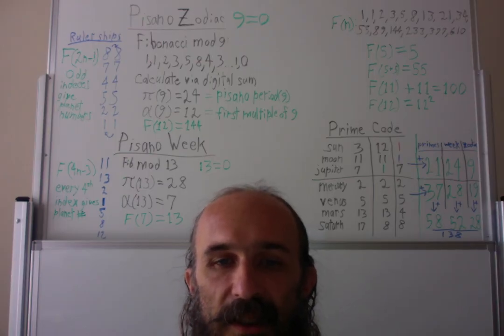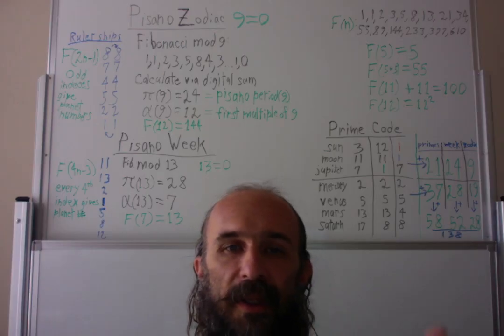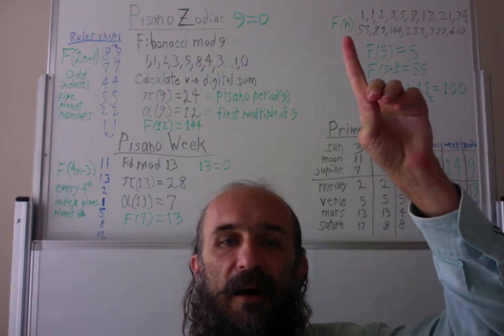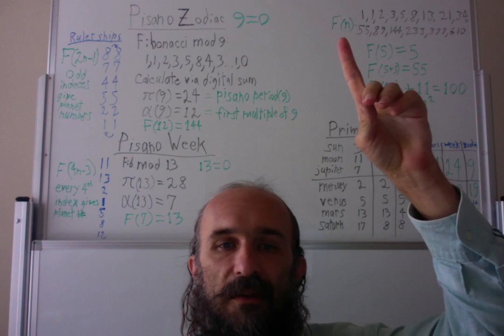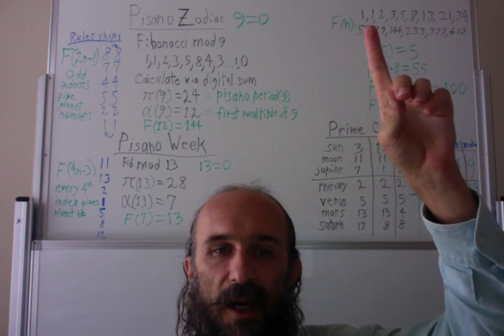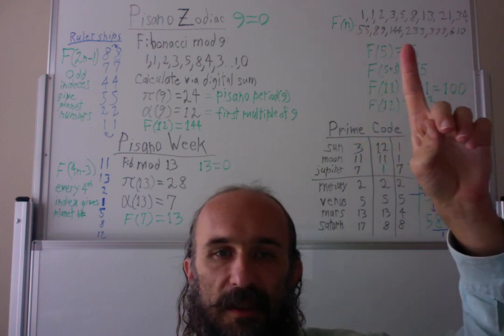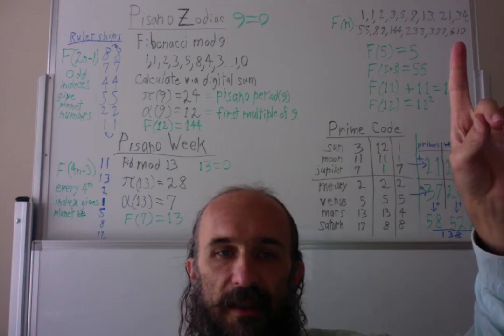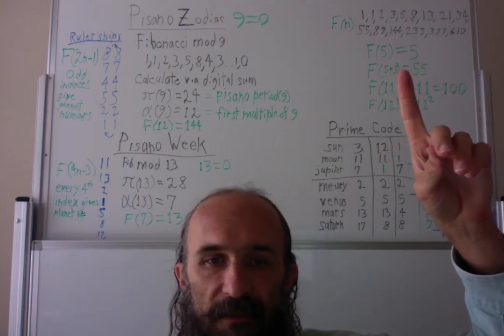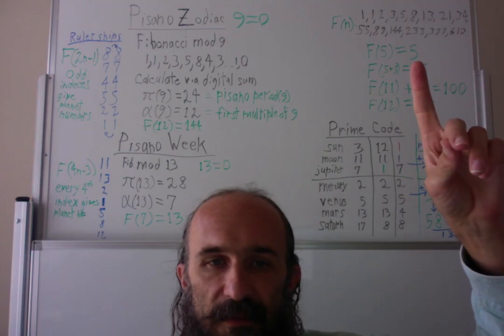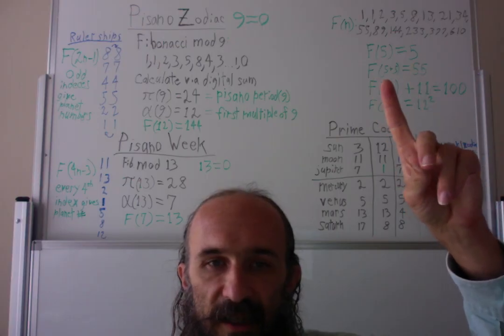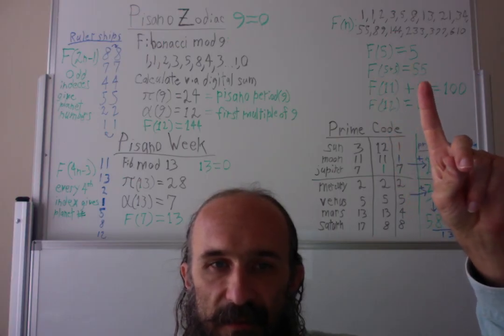the Fibonacci sequence. Here we have up here f of n refers to the Fibonacci sequence. We have the first 15 up to 610 here. A few of my favorites. The fifth Fibonacci number is 5, and f of 5 plus 5 is 5, 5.